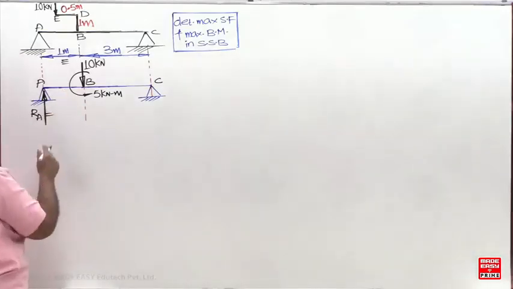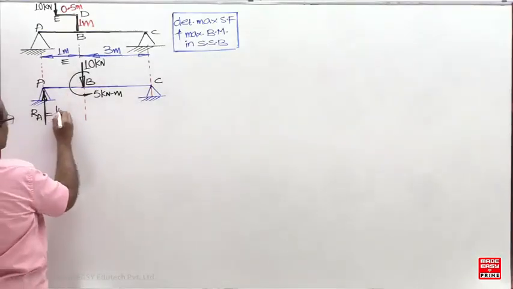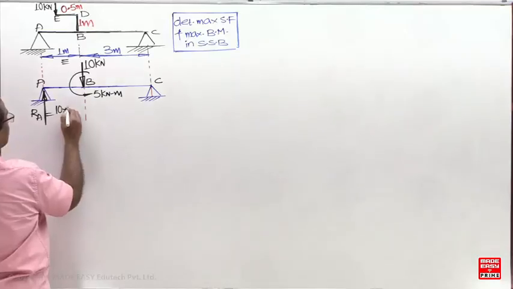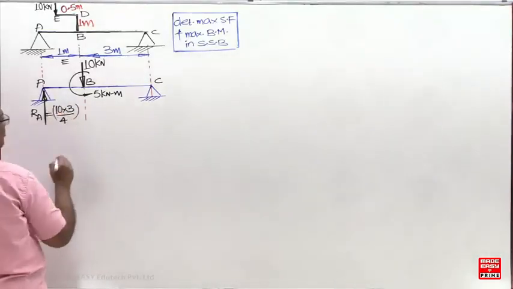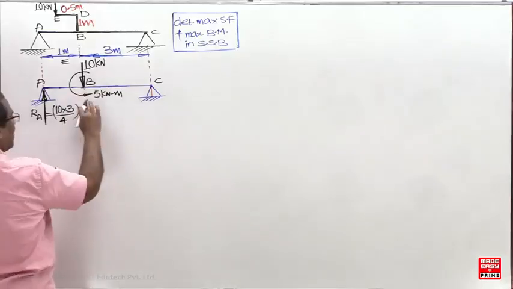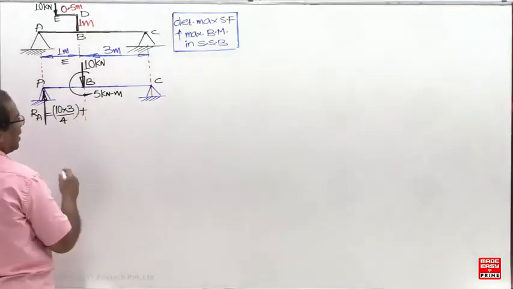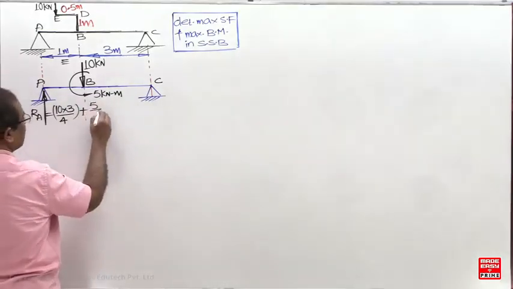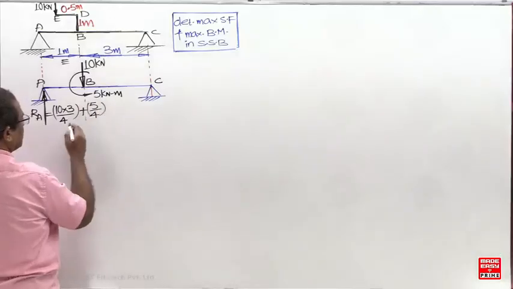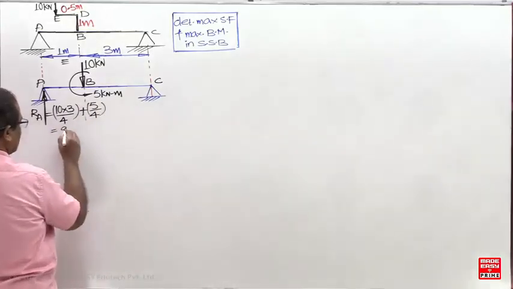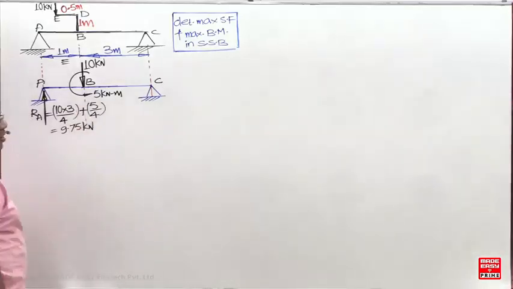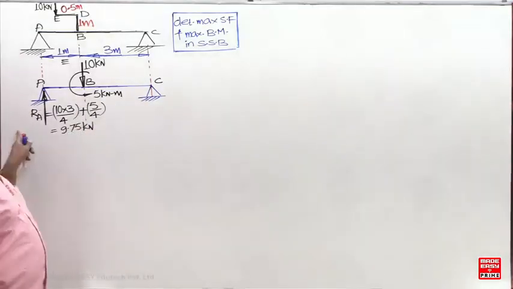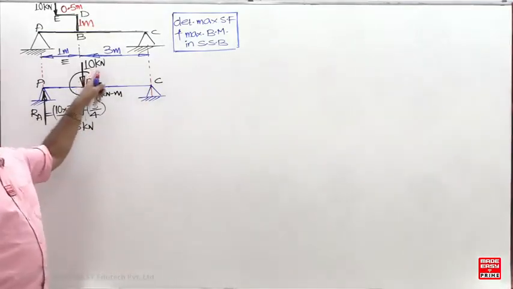Due to the constant point load, 10 into the distance from the other end, and due to the couple, M by L, 5 by 4. So automatically, RA plus RC should be equal to the net vertical load.